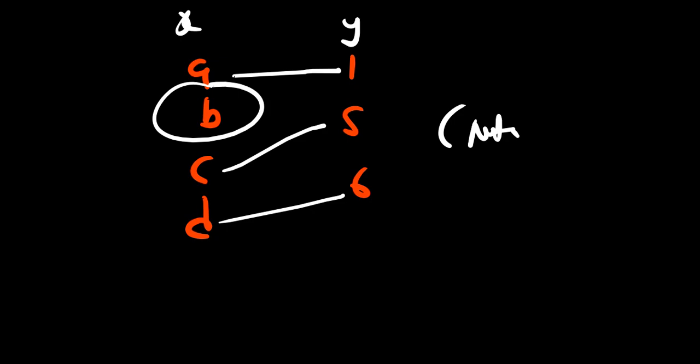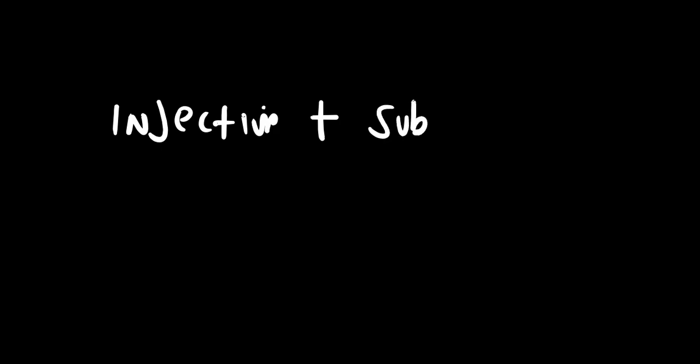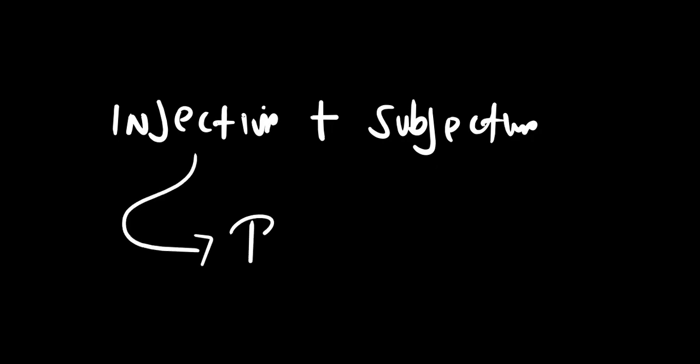Then the other thing that you need to understand about relations is when you combine an injective function, which we said is a one-to-one function, plus a surjective function, or an onto function. This will give you what we call a bijective function.